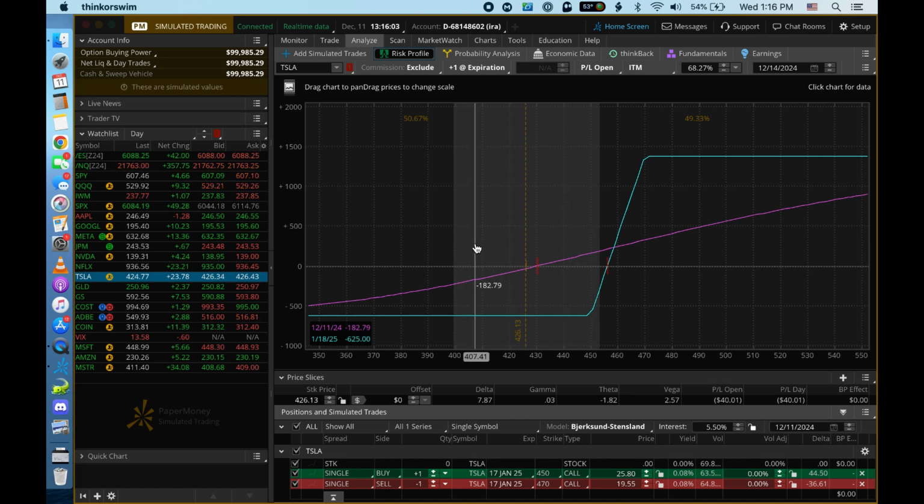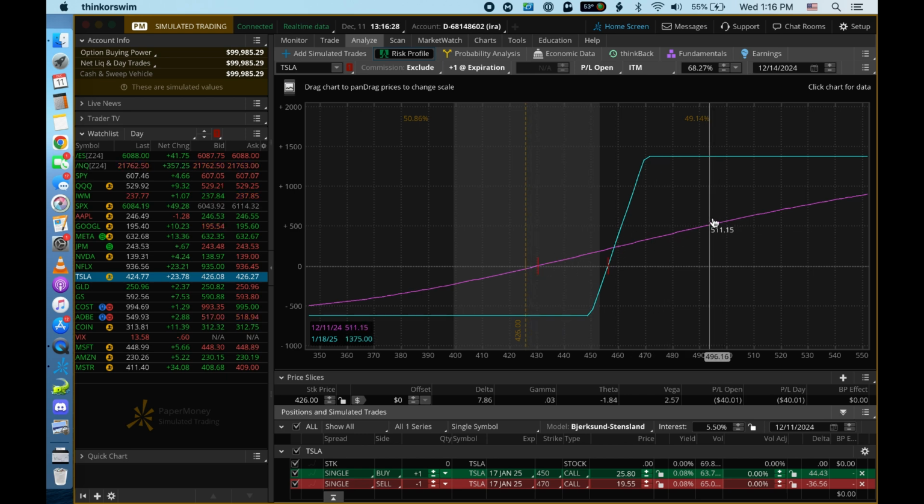We've reduced it substantially. So, where is this 625 number coming from? Well, it is the debit we paid for the long call minus the credit we received for the short call. So 2580 minus 1955, and that gives us a total cost of 625.